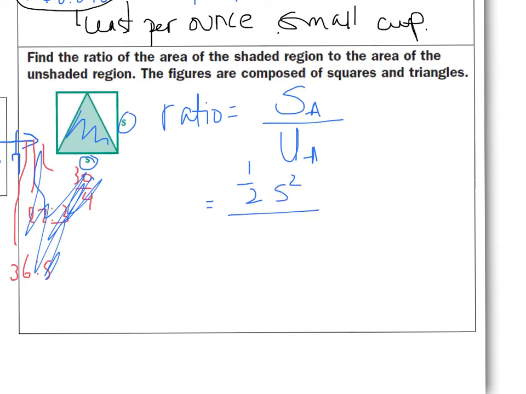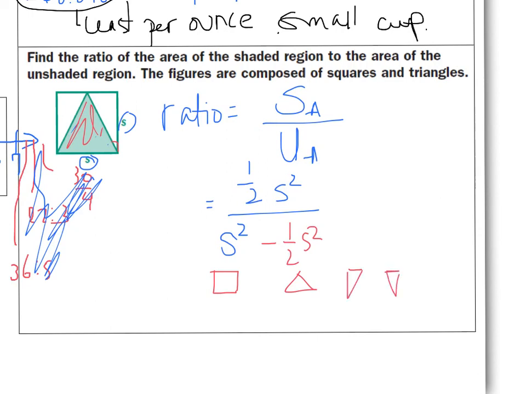For the unshaded area, I would first need to take s squared, which is the area of the entire square, and subtract from it the area of the triangle, half s squared, to get the white region.